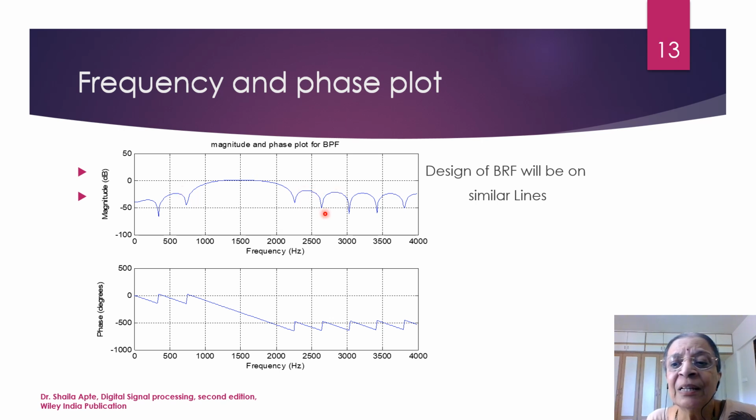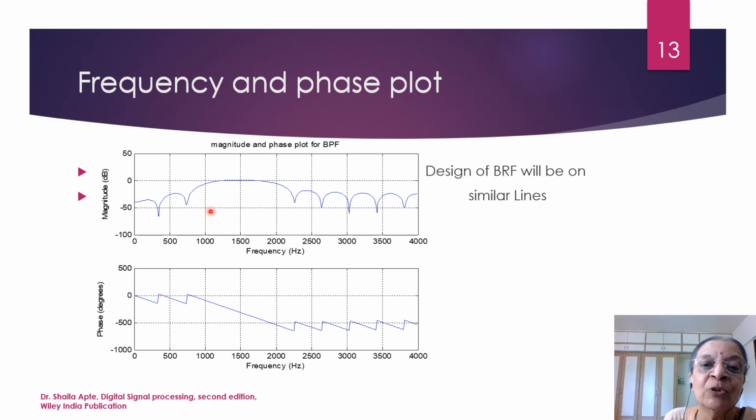So in order to increase the stop band attenuation, you will have to use different window functions, as we have already seen in the windowing methods. You will have to use some smooth window like Hanning window or Hamming window so that the stop band attenuation can be increased, and you can decrease the transition width by increasing the filter order, and these things will remain the same as we have discussed for the low pass filter in the windowing method.